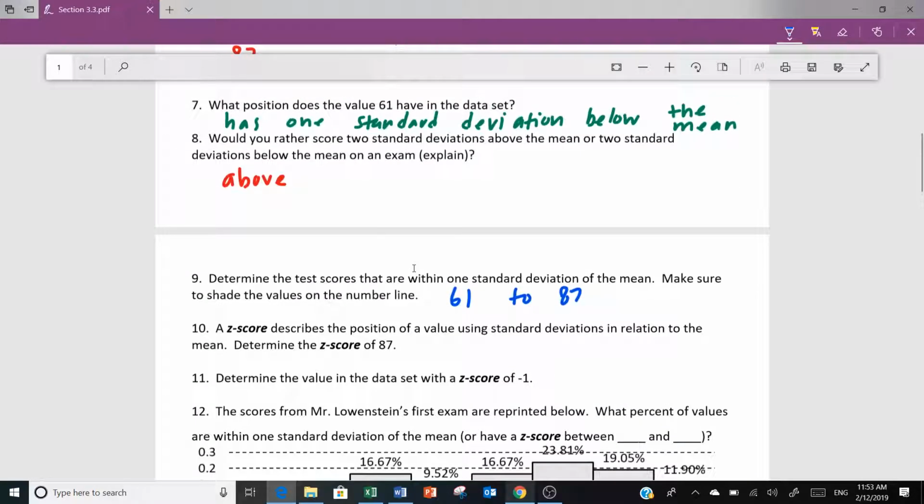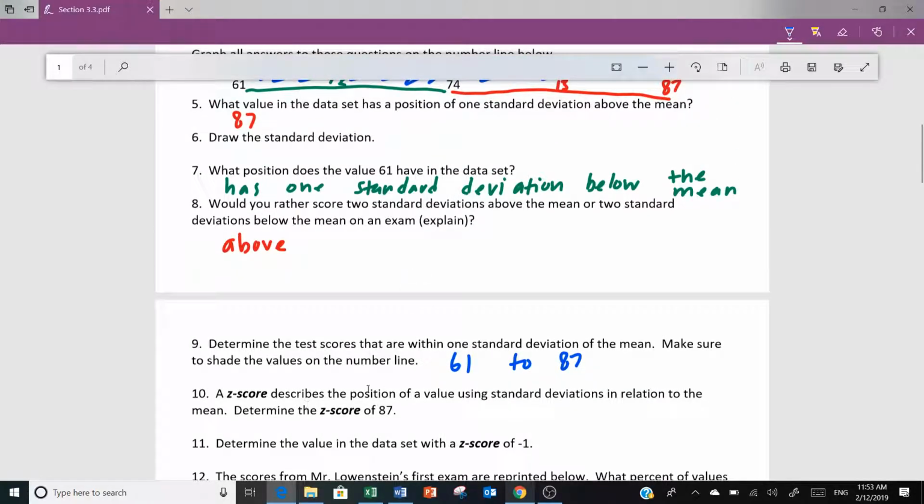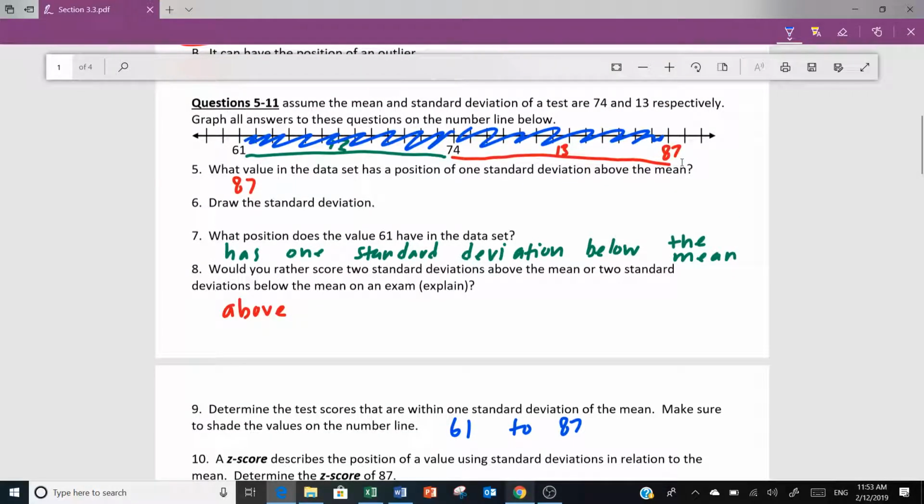So in our groups of 2, let's hypothesize what we think a z-score of 87 would be.